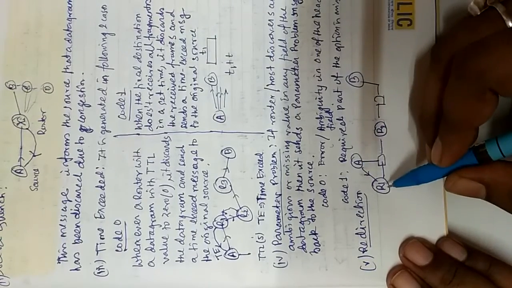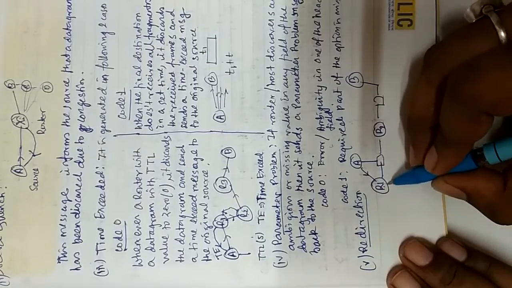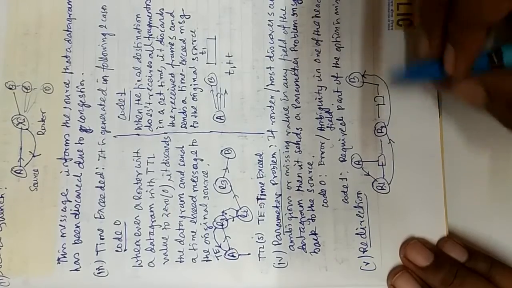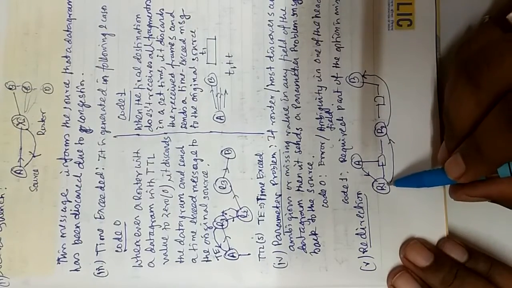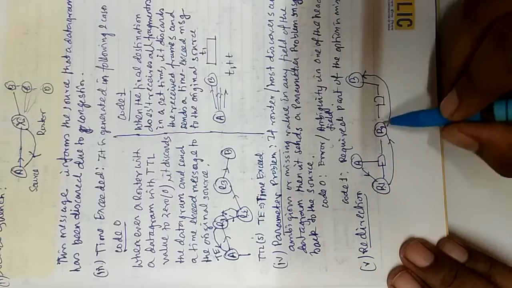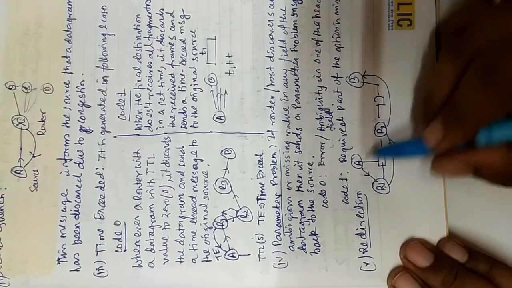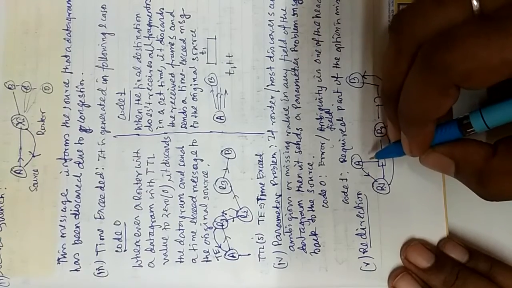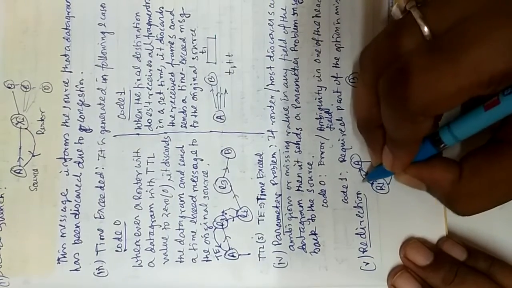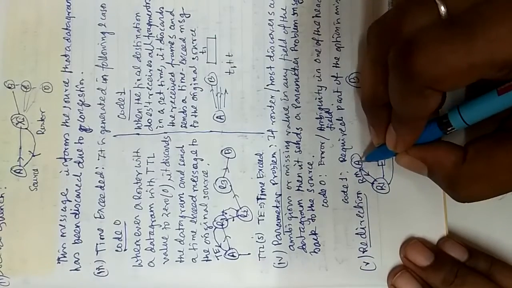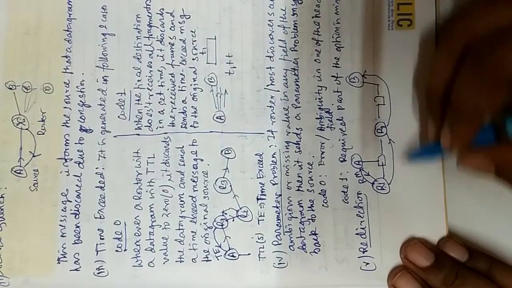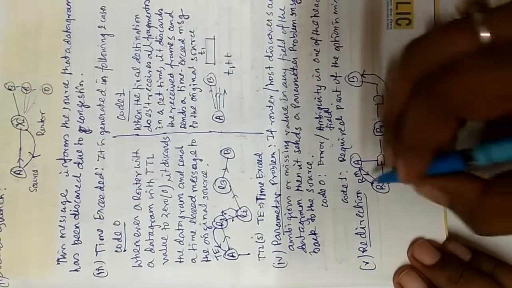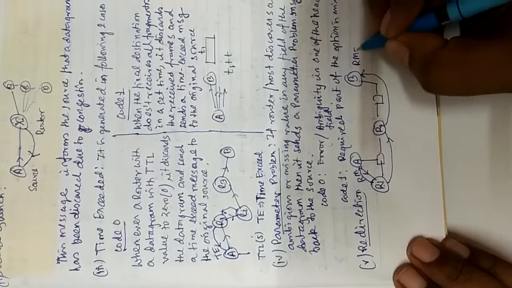R1 will send that IP packet to R2, and from R2 it will go to B. But R1 finds that it is better if A sends this message directly to R2, because it will save the hop count or whatever it may be. So it will send a redirection message to A, saying you can send this packet via R2. RM is nothing but redirection message.